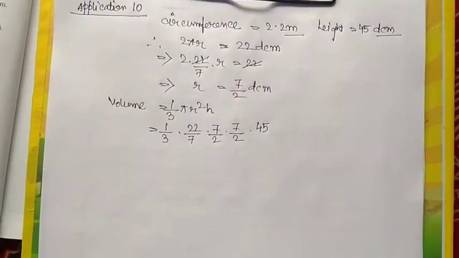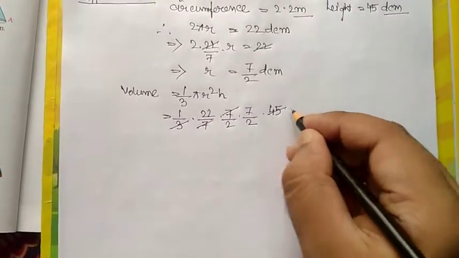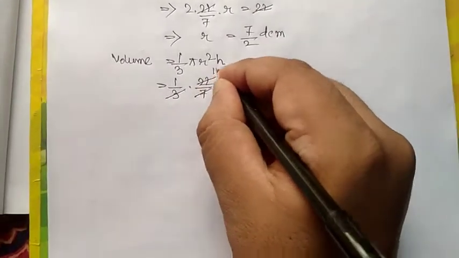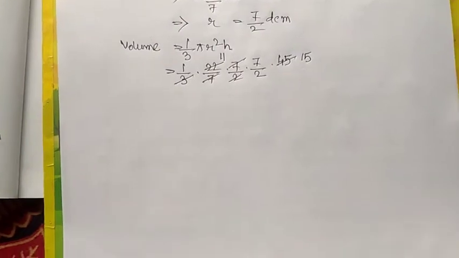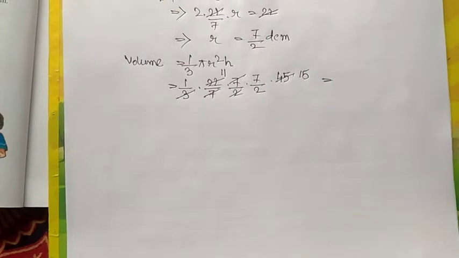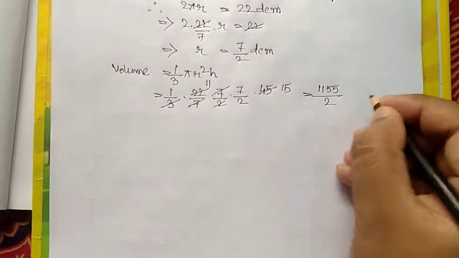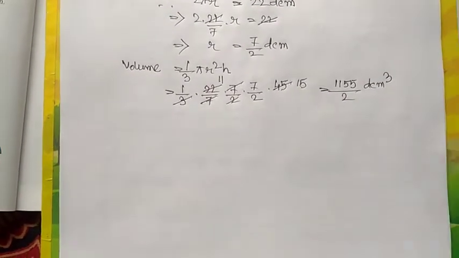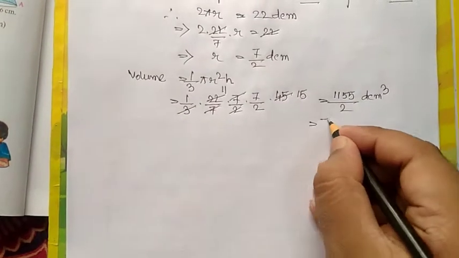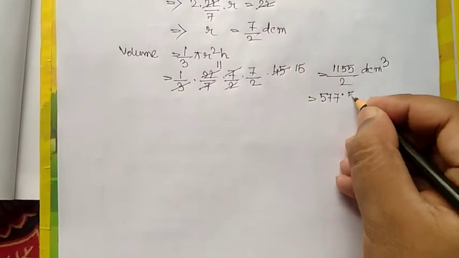First of all 7 and 7 cancel, 3 15 into 3 is 45, 2 22 is 11, so 7 into 11 into 15, which means 1155. So 1155 by 2 decimeter cube, and if we divide it by 2, the answer should be 577.5 decimeter cube.